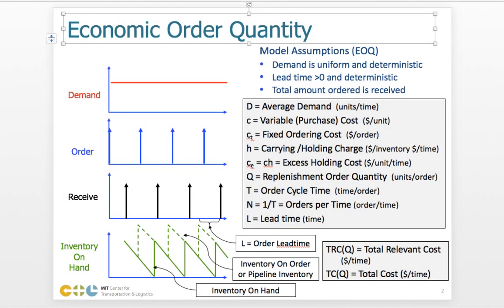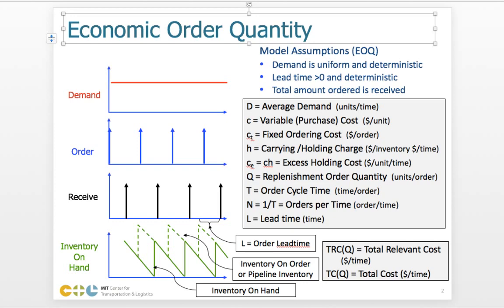Mm-hmm. So just as a review, what are we doing here? We're making some big assumptions on this, and the assumptions are that the demand is uniform and deterministic, lead time exists and it's deterministic, and the total amount that you order will be received. It seems really simple, but it's nice to keep this in mind as we build more complicated models. The demand is constant.